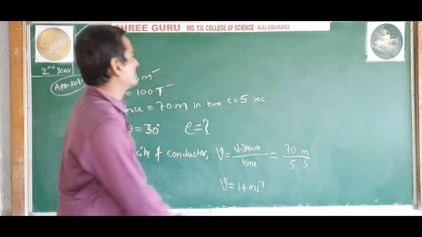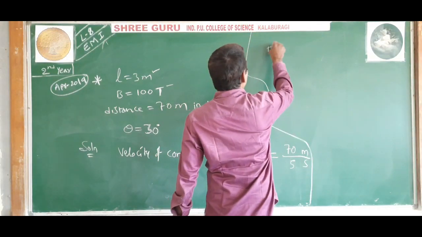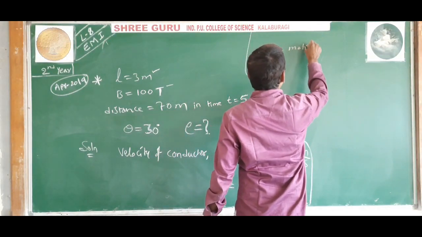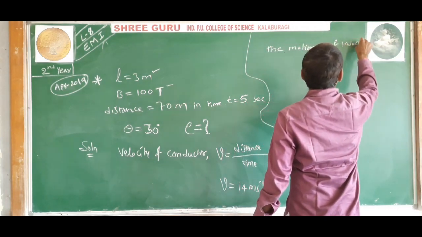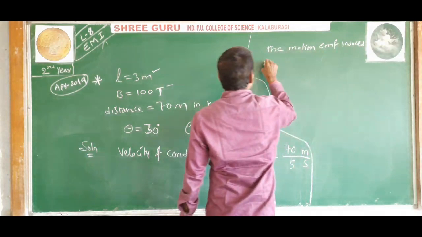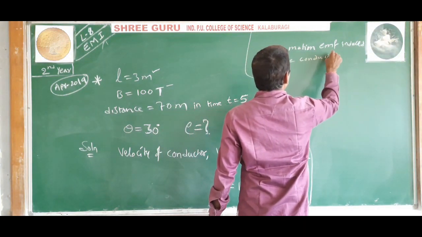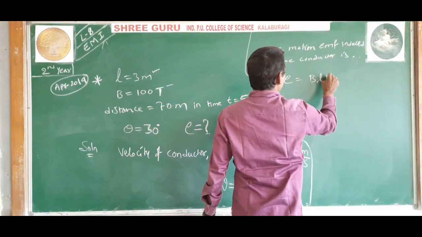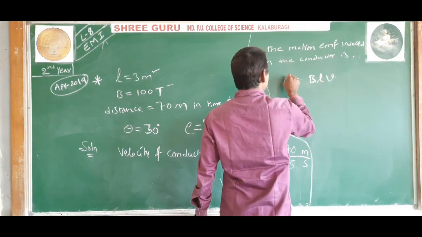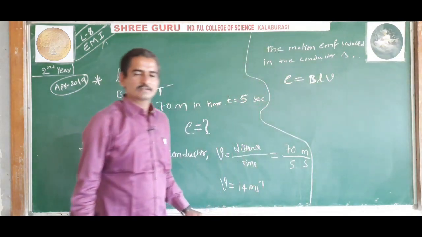So now the motional EMF induced in the conductor is given by E is equal to BLV. While deriving, we have derived only this much. E is equal to BLV, we have derived like this. Understood?